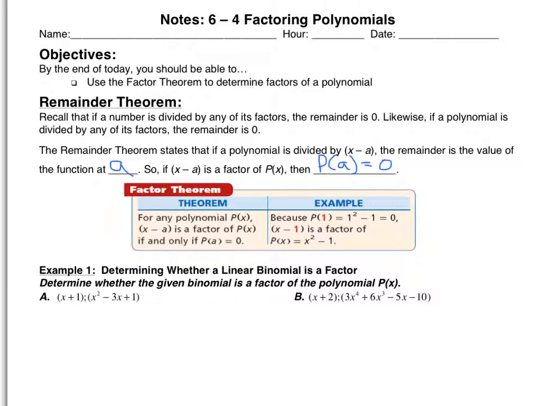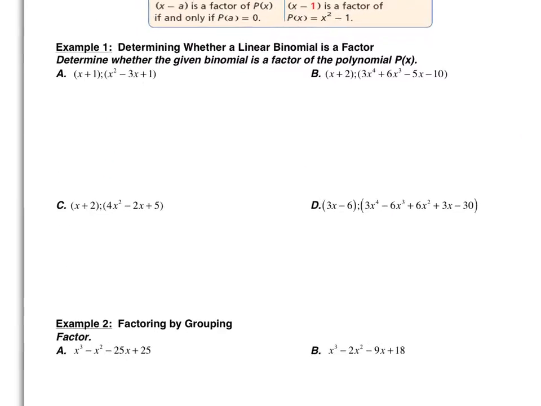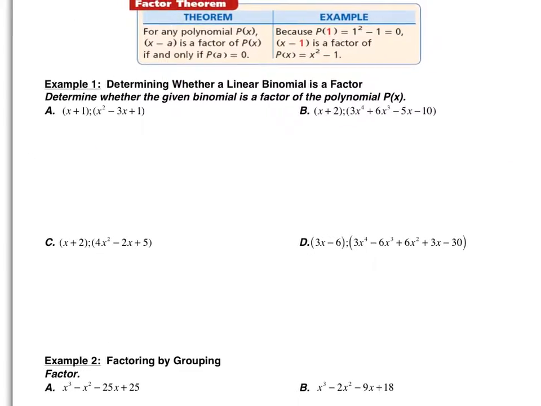So we can take a look at example A. If we have a linear binomial, so that means x to the first and there's two terms, if it is a factor of a polynomial, then it should equal 0. So determine whether the given binomial is a factor of the polynomial p of x.